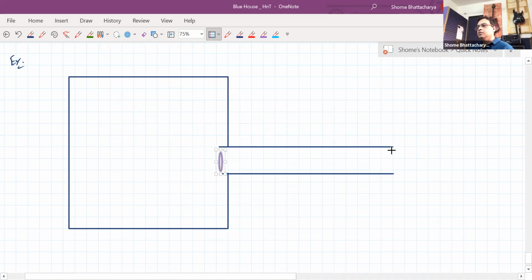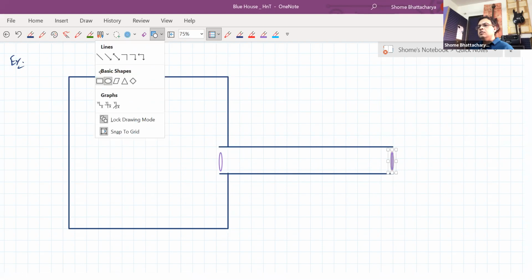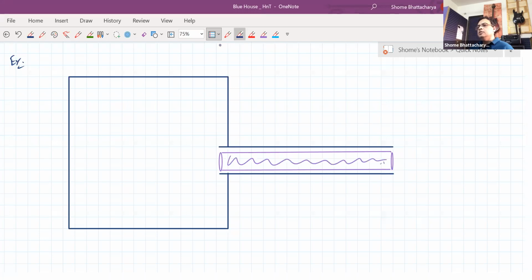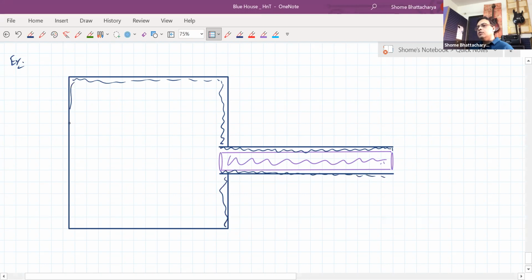So we've got a metallic cylinder. Like this, and this is all insulation. But the two faces of the metallic cylinder, as you can see, they are open. So this is an insulated box.